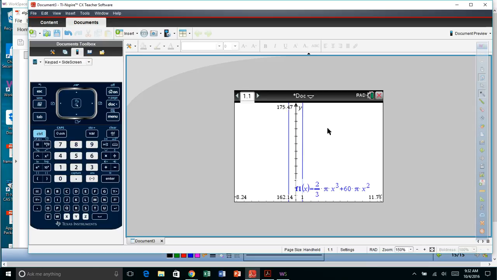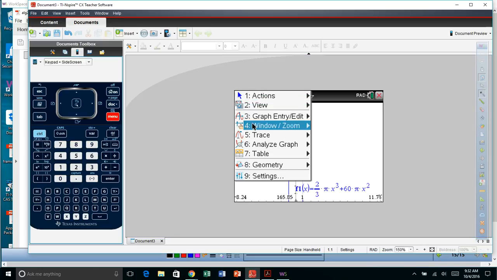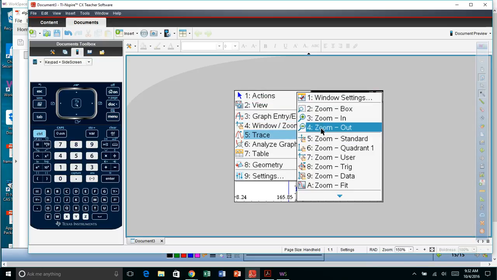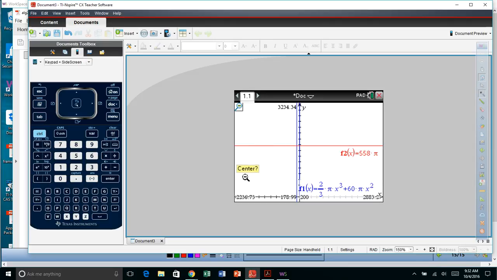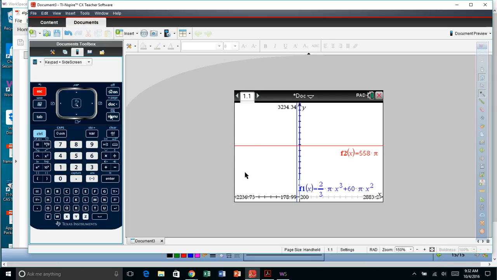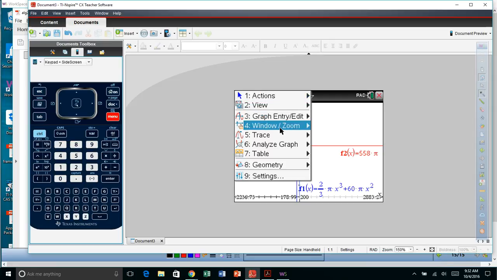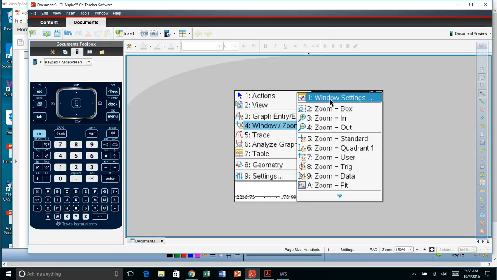Is there a way to get there quicker? Sure. Menu, 4. Okay. Now let's see here. Escape, menu, and then window, and then 1.